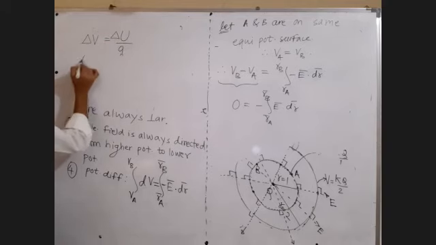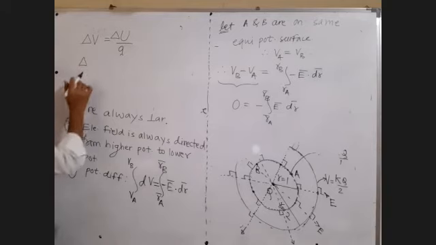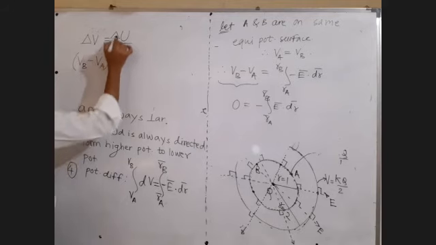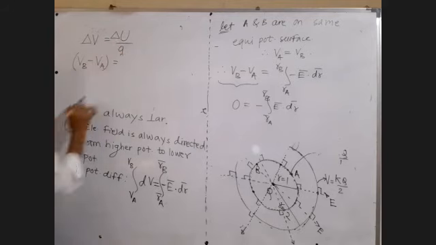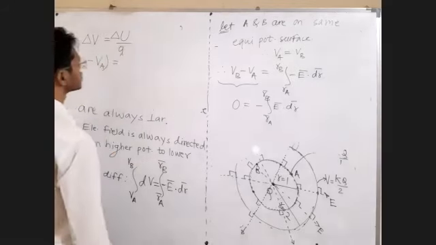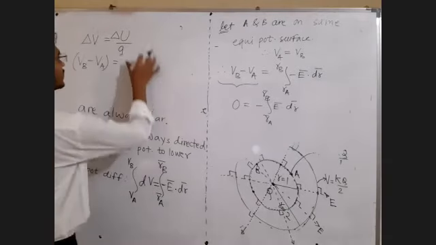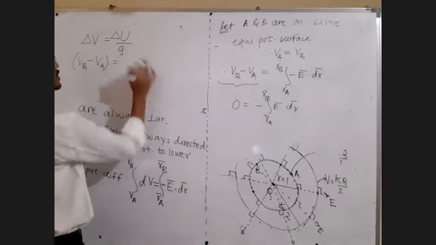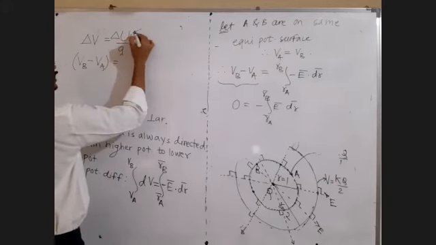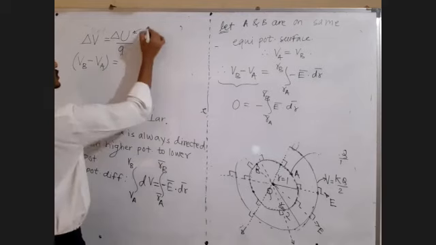Let's say final point is B and initial point is A. So this is change in potential energy. Change in potential energy is negative of work done by the internal forces, but negative of work done by the internal forces is positive of work done by the external forces.